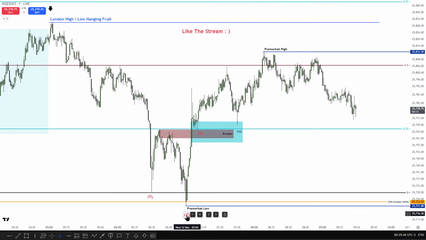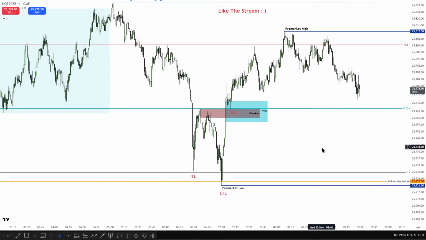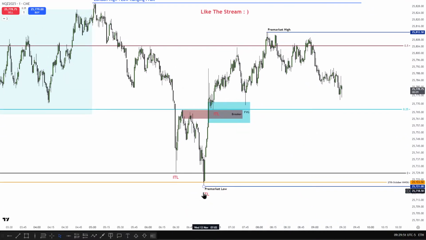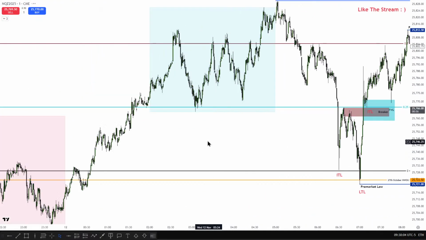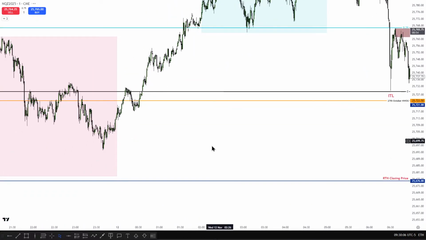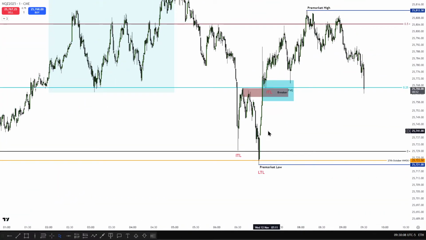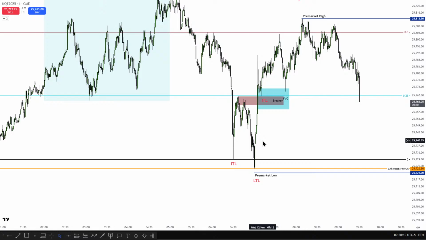Like that. And then, theoretically, a long-term low should not be broken if it's going to be bullish, but this is absolutely allowed to do that. And then someone else may see this as the long-term low. I don't know, market structure is very subjective. It's more about experience, I think.